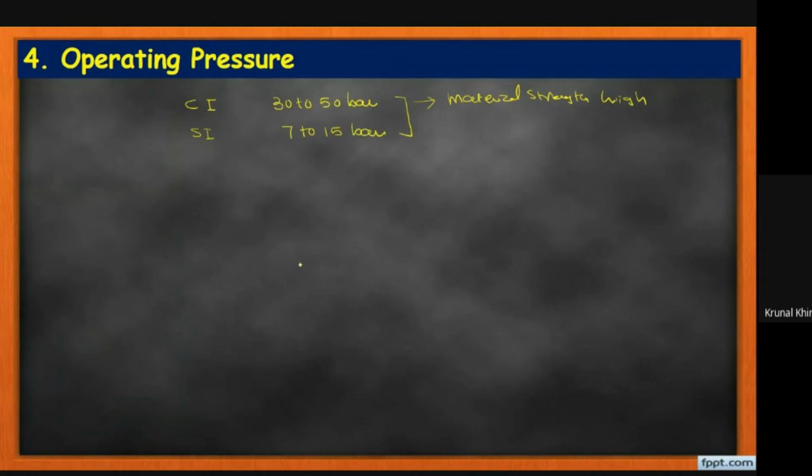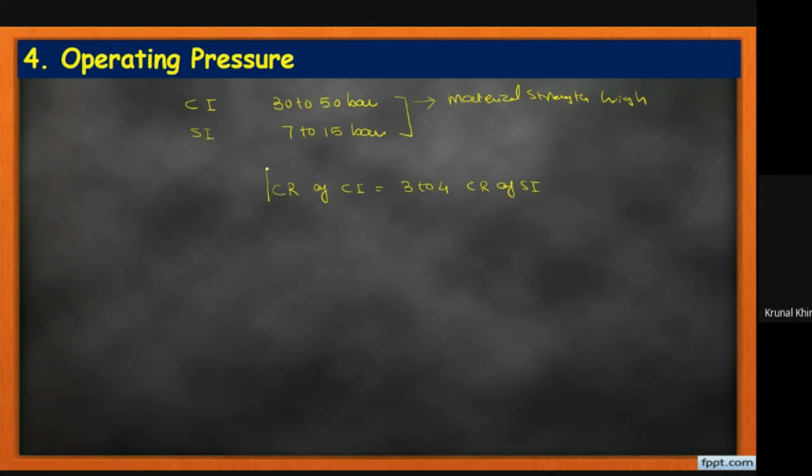We can also write one relation: the compression ratio of the CI engine is 3 to 4 times the CR, or compression ratio, of SI engines. This is a very important formula.